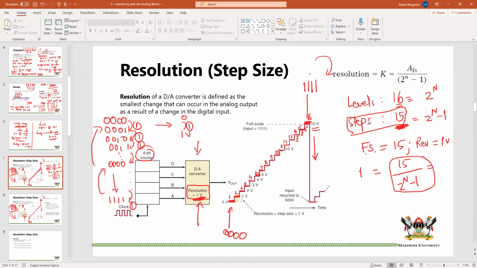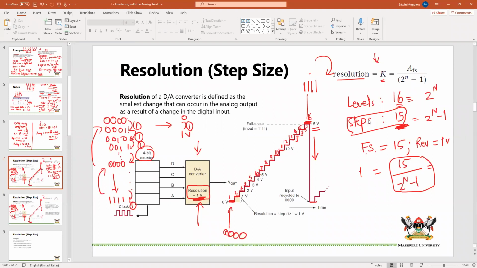So the resolution formula is actually the resolution, and I'm sure by now you had already noticed that this is K, because the resolution is the proportionality factor. It says that if they change this side, how much do I change? And really the resolution is the smallest change. You can change by a bigger value, but that's not the resolution.